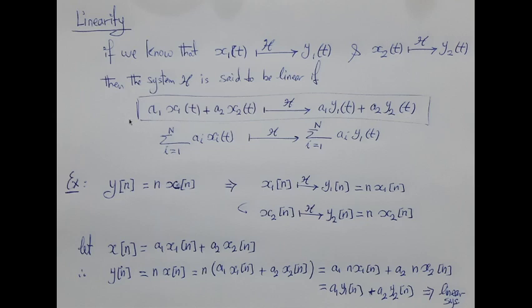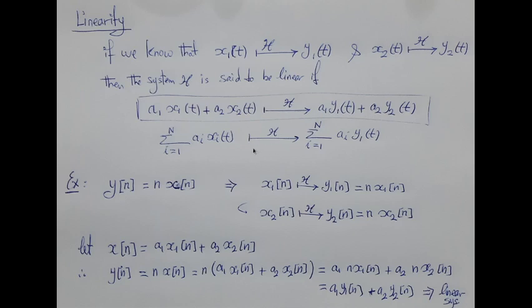In other words, if we have a new input x of t that's basically a linear combination of x1 and x2, and the system is linear, the output will be a linear combination of the corresponding outputs y1 and y2 with the same constants a1 and a2.